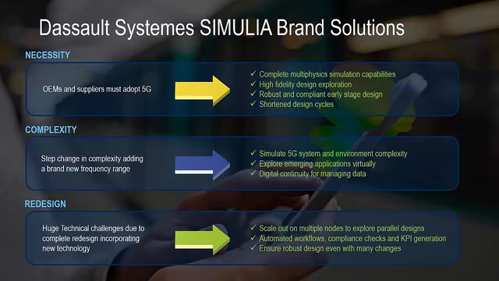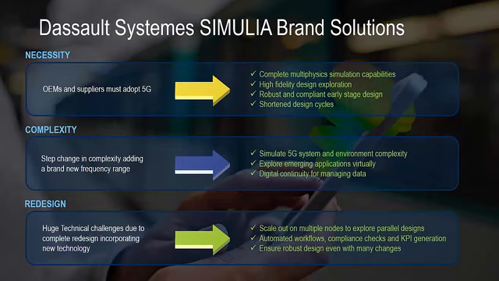The second major challenge and solution is the step change in complexity, mainly arising from that new frequency band. So what do we offer as a solution here? Well, we can simulate 5G systems and the environment complexity. So we're not just talking about components and antennas in isolation, but actually in their real environment, whether that's within the phone, adjacent to other systems, or in an environment including buildings or a human body or hand, for example.